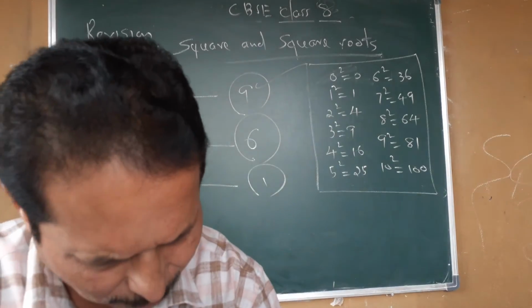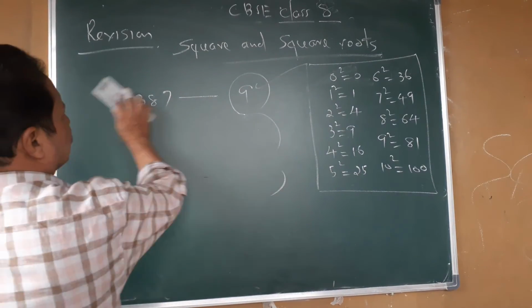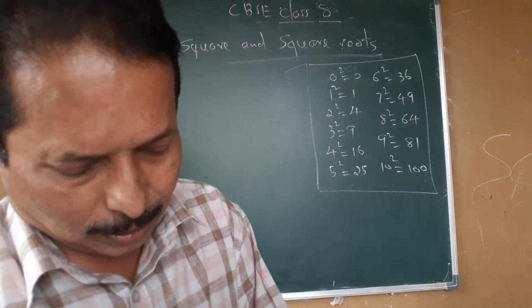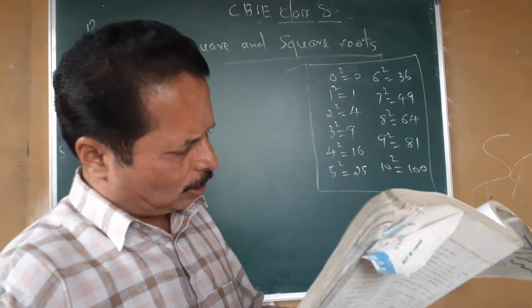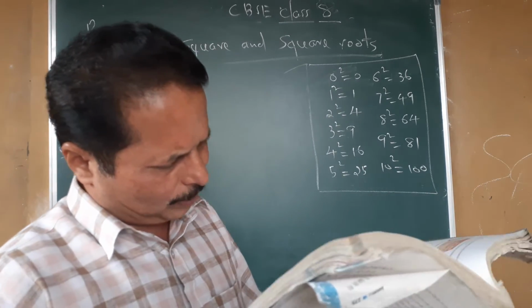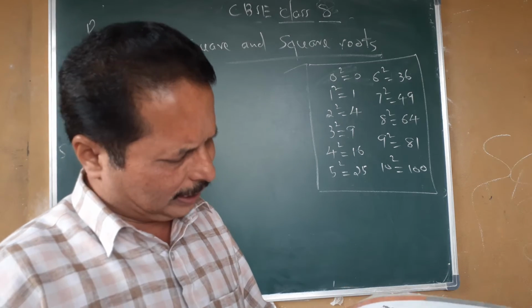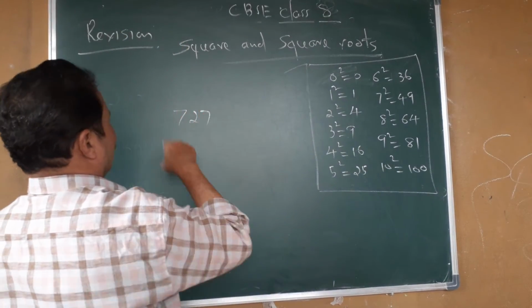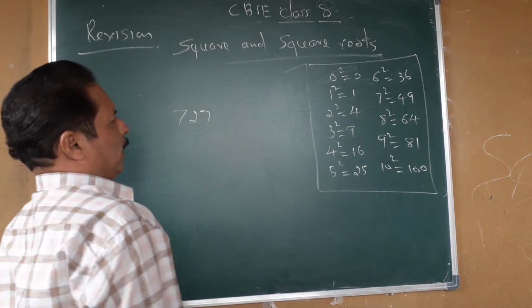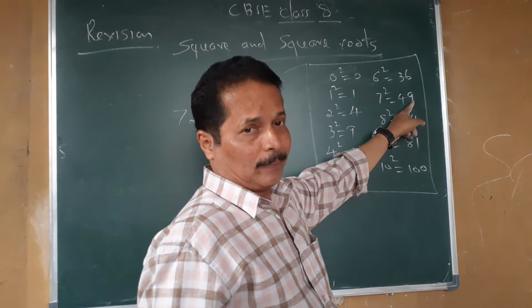Okay. Next. Same page, that is on page number 92. The square of which of the following numbers will be an odd number or an even number? Why? 727. The unit number is 7. 7 square is 49. It's an odd number.